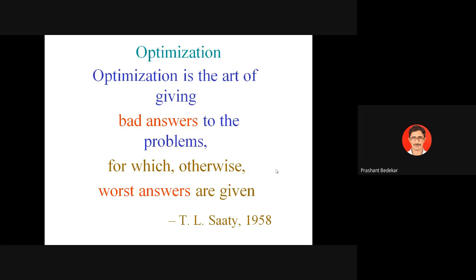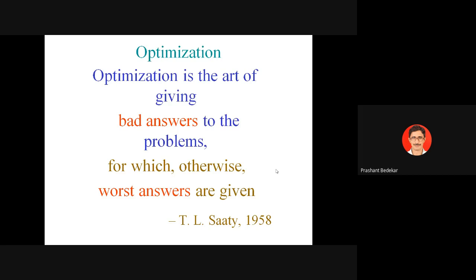And then you will think of different possible solutions. Let's say that for a particular problem, you have two solutions only. One of them is a worst solution and the other is a bad solution. There is no other solution. And the management, the authorities, say that you have to give an answer because the problem is to be solved.